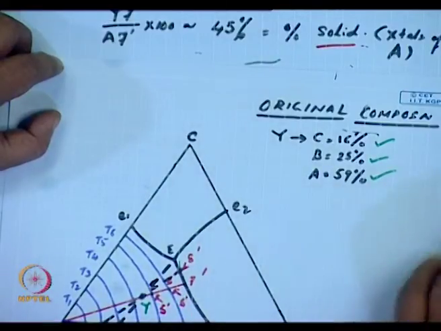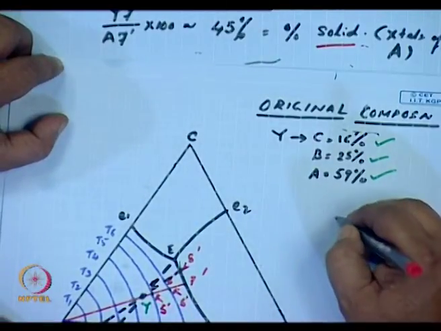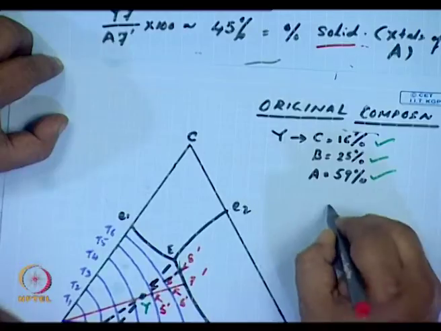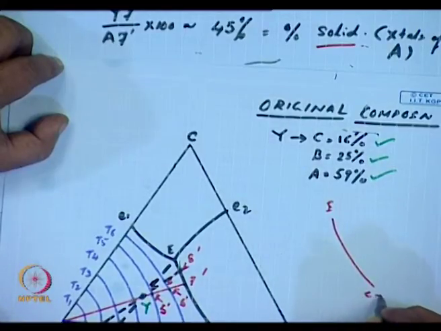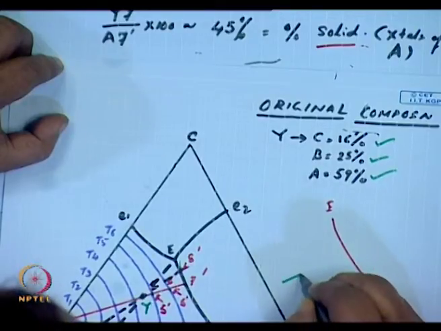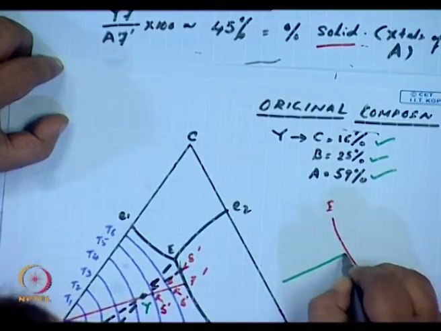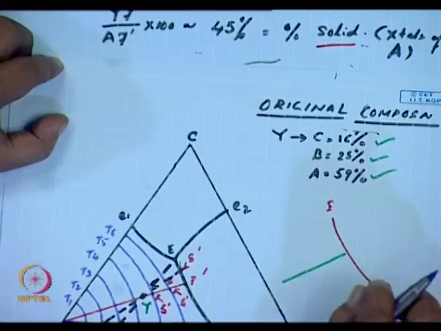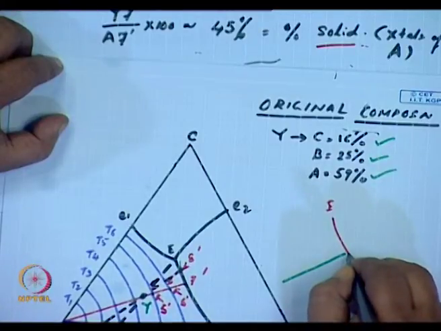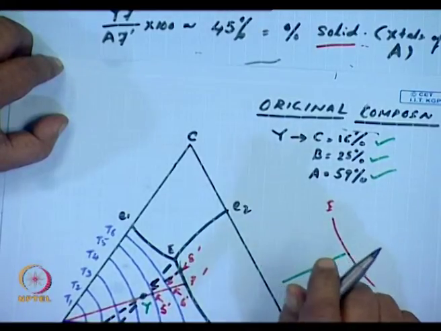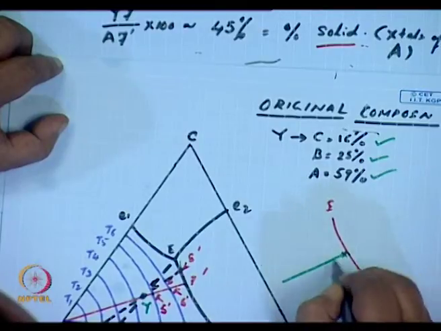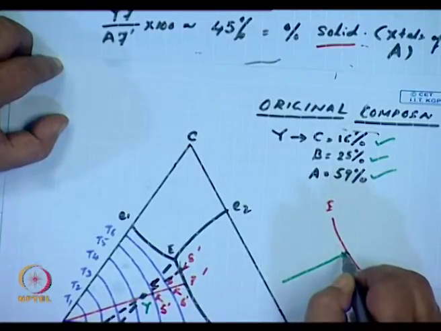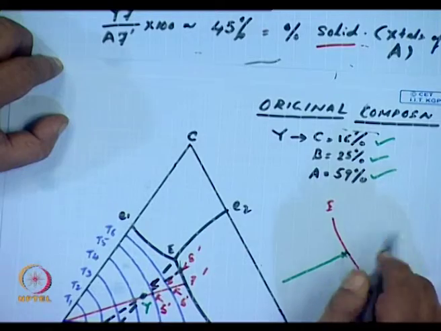At 7 dash, what I have done is, okay, let me explain a bit. This is the E3 line. I have deliberately stopped the AY line over here, a very small fraction away from touching this, in order to say, hey, what is the composition separating out just before it touches the E3E?